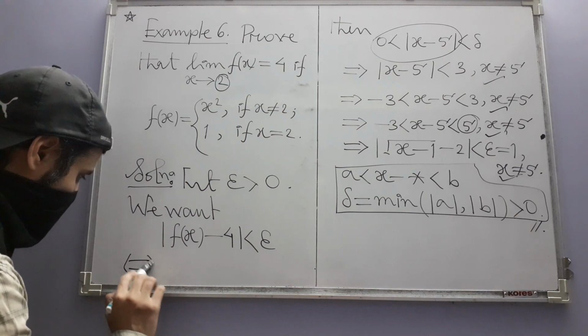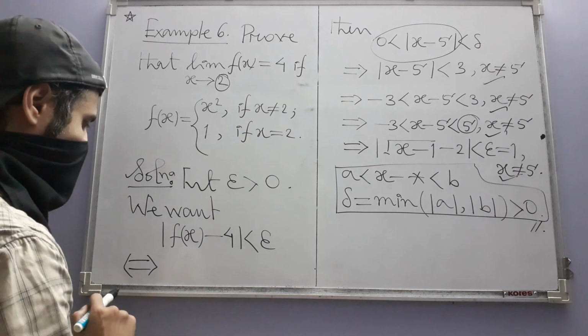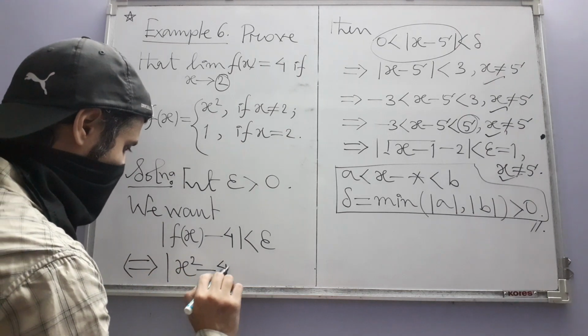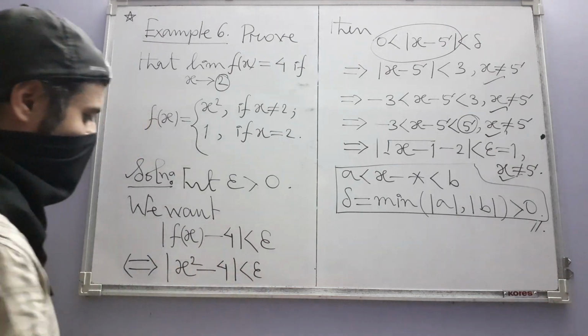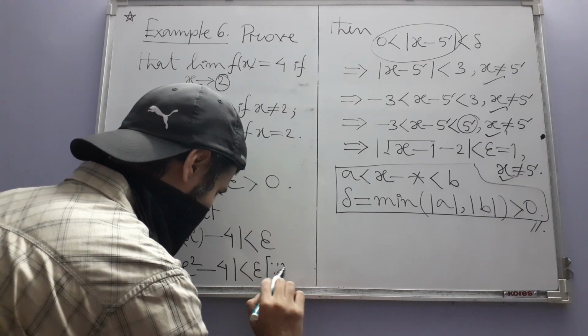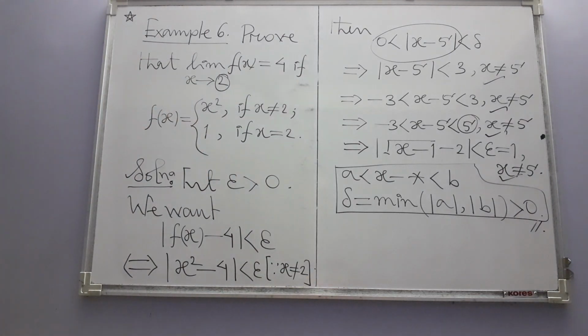This, however, because at the same time x is supposed to be not equal to 2, it is equivalent to this. Here you can just simply write, since x is not equal to 2.